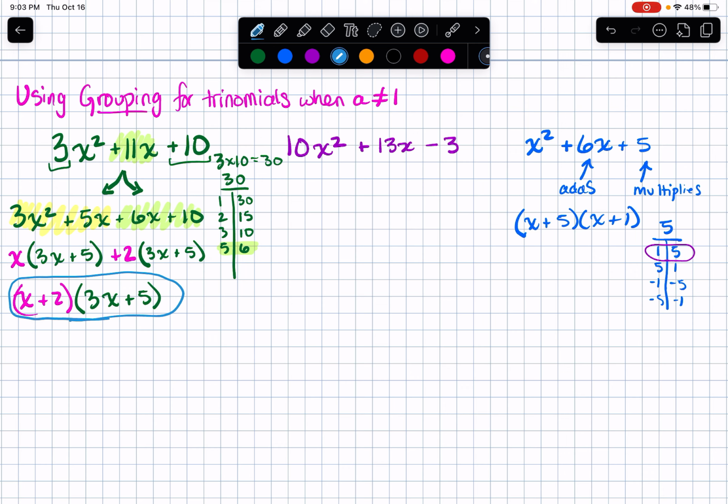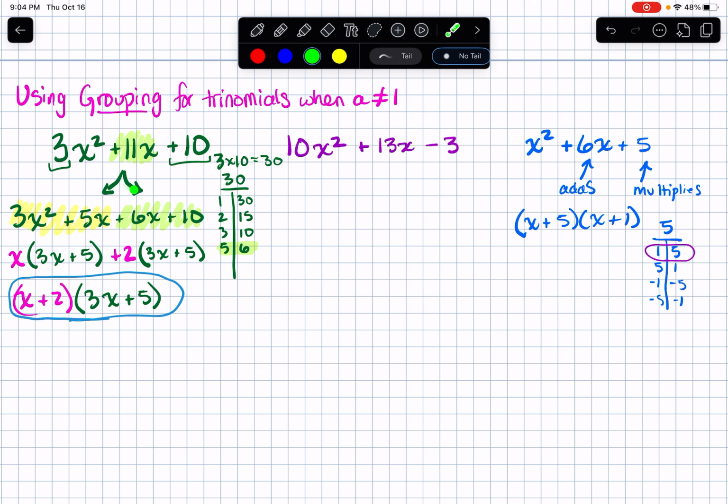So to recap my steps a little bit here, I multiplied my constant term times my quadratic leading coefficient. That gave me 30. I asked myself, what are all the factor pairs of 30? I need numbers that will multiply to 30, not to 10, to 30. Then I chose the pair that adds to 11, and I split my 11x into that pair, 5x plus 6x.